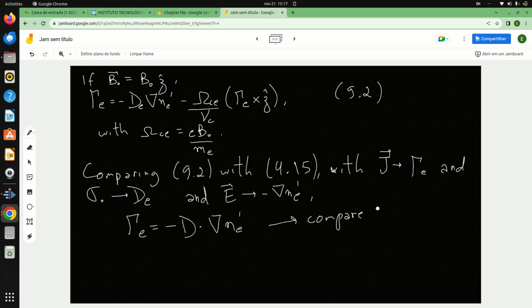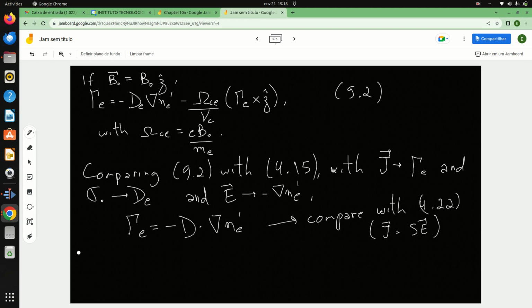This you can compare with 4.22, which is actually J is equal to SE. So in section 4 we had derived this expression going through this equation, and here we're going through this equation to derive this corresponding expression for gamma E.